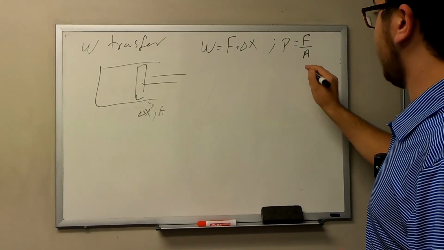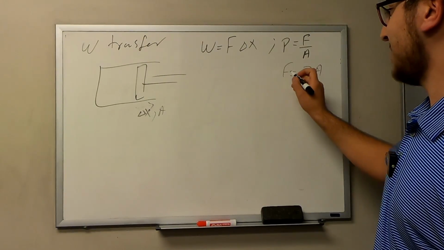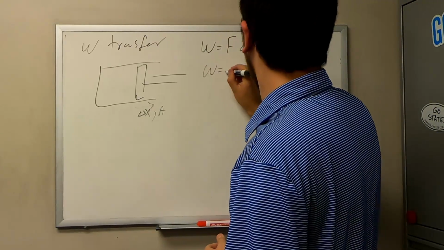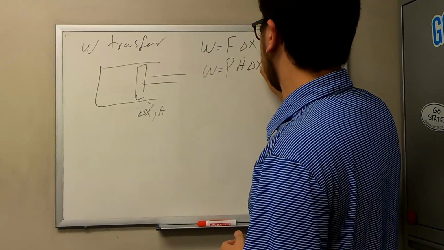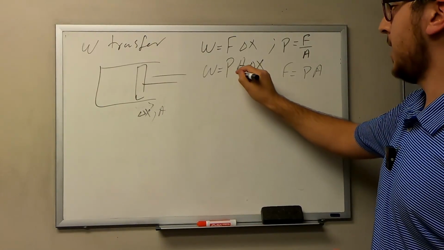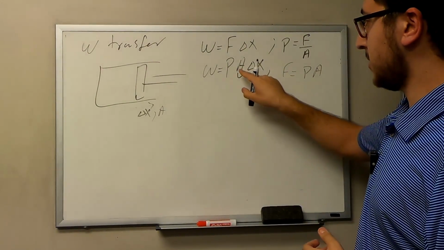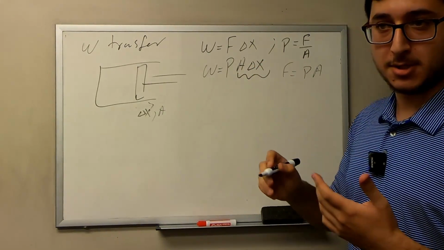So if we solve for force, F equals P A, and substitute the force into our work equation, we get work equals pressure times the area times the change in x, or displacement. If we work out the units, area is in meters squared and displacement is in meters, so we get meters cubed, volume.